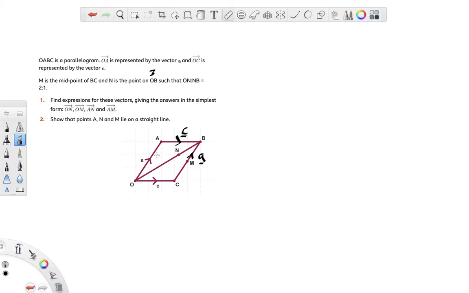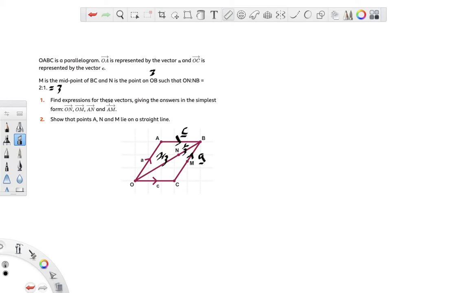Well then O to N must be 2/3 of that line, and then N to B must be 1/3 of whatever O to B is. Why is that? Well, because of this ratio. So we add the ratio together, so it's 3. So O to B overall is 3 parts, O to N is 2/3 of that, and N to B is 1/3.